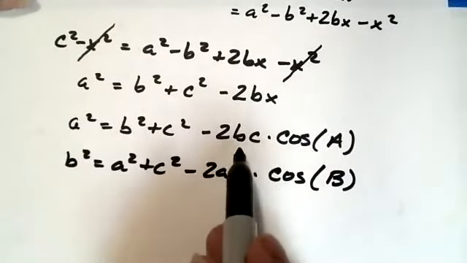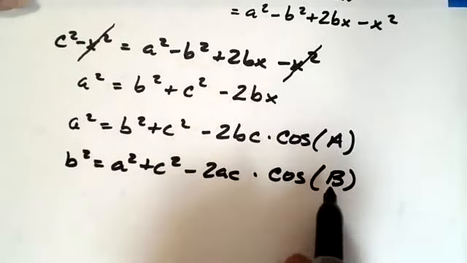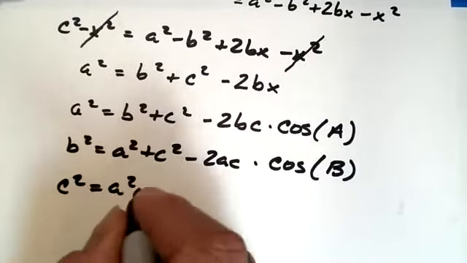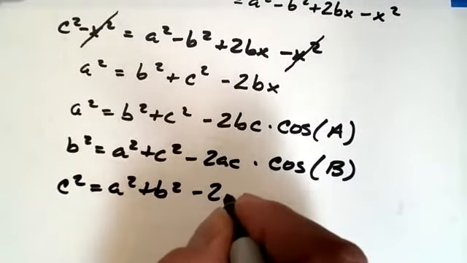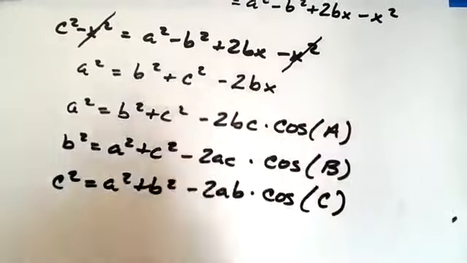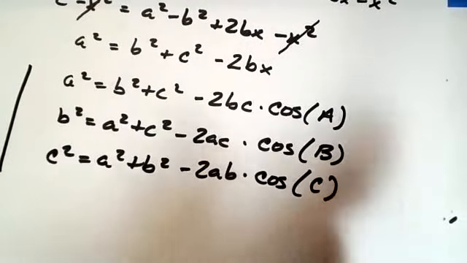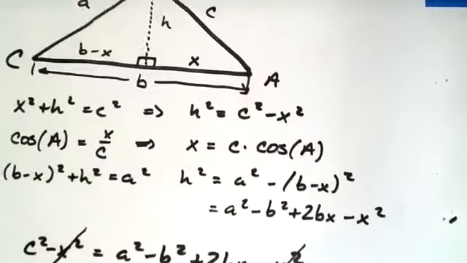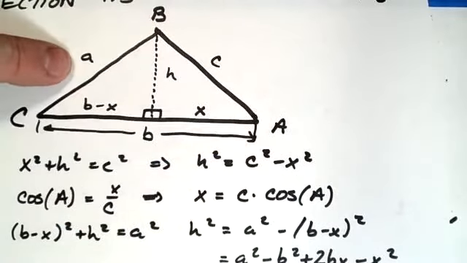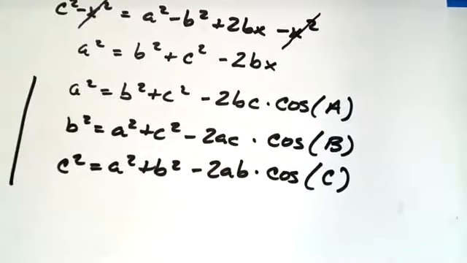You see the cycle here, the 2 sides and the other angle, 2 sides, the other angle. Or you have c squared equal to a squared plus b squared minus 2ab times cosine of c. So all 3 of these are true no matter the labels. The only thing that's critical is that the labels have to be angles and their opposite sides have the same sort of designation, b and the opposite side b.